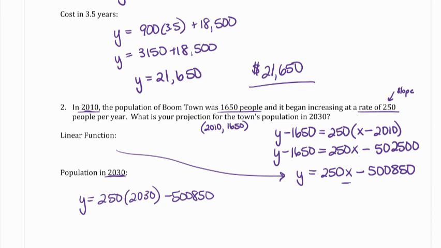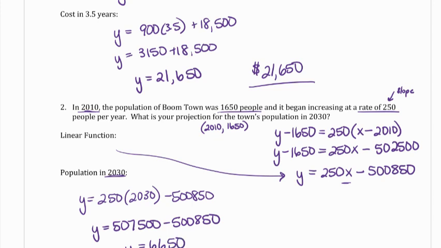And if we do the math there, we get 507,500 minus 500,850. So we get 6,650.